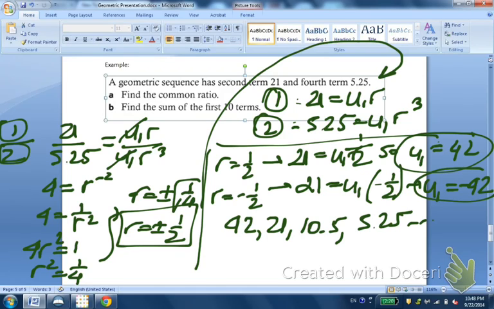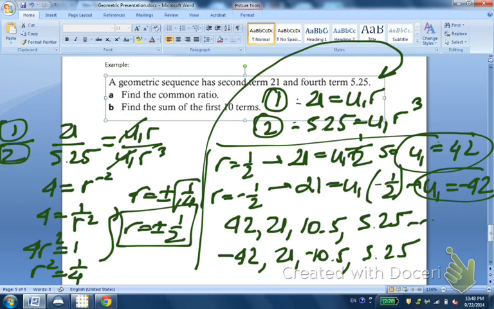And if r is negative a half, we start off with u1 is negative 42. If you multiply negative 42 by negative a half, you get 21. If you multiply by negative a half, you get negative 10.5. And if you multiply by negative a half, you get 5.25.